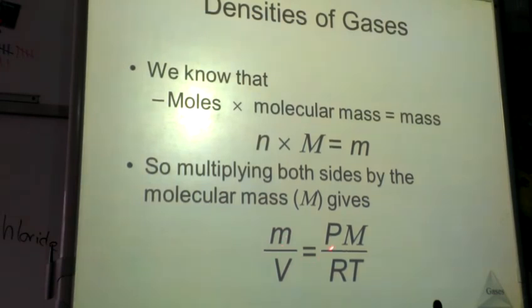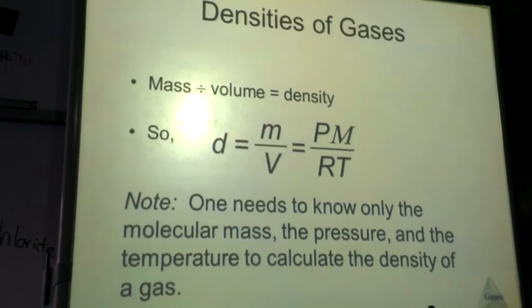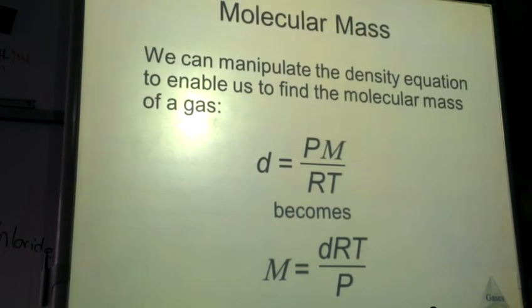I got M over V equals pressure times molecular weight over RT, and we just derived that on the Promethean board. So instead of saying M over V, we call that density. So density equals pressure times molecular weight over RT. I really only need to know pressure, temperature, and the molecular mass of that gas so that I can find the density.